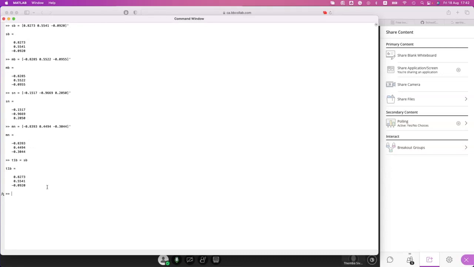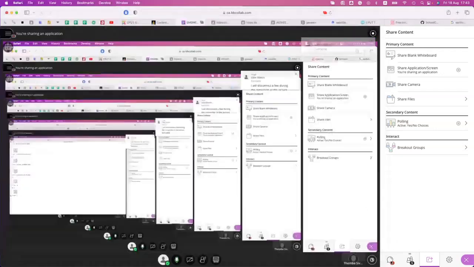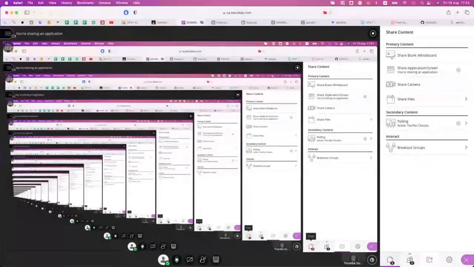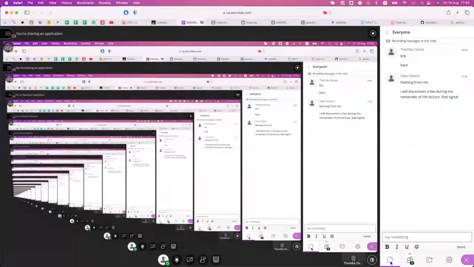Then the next step is we have to obtain T2B. We have our SB cross multiplied by your electromagnetic field, and then you normalize, right? So my T2B will then be my SB. Okay, it's fine, but we're almost done.